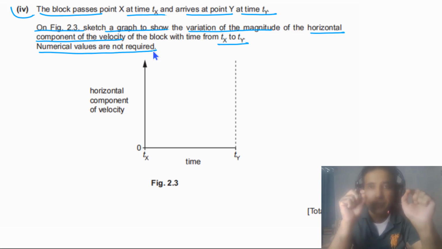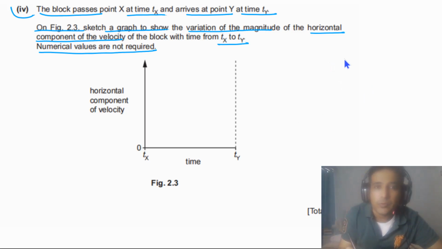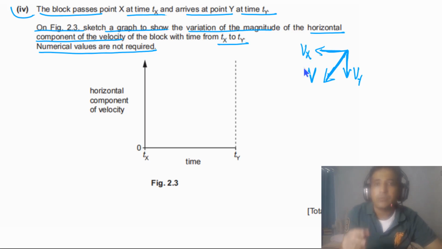So it simply means that as there is no force along the horizontal, the horizontal component of velocity will remain constant. Let me explain this with this small diagram. We have velocity in this direction at point x. It has two components. One is the vertical component, vy, and the other is vx, and vx remains constant because gravity is only acting vertically downwards.